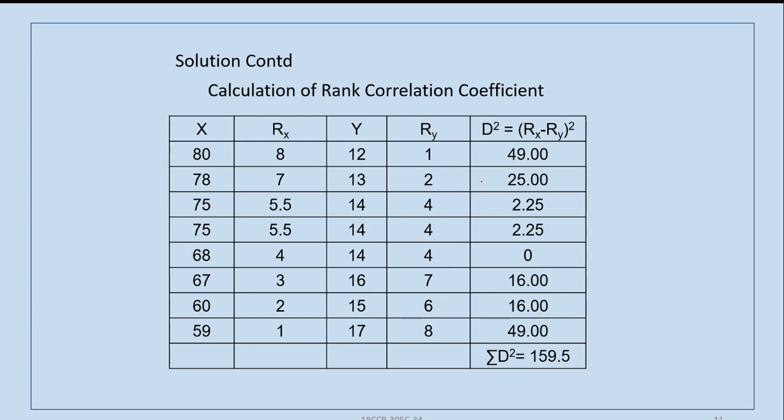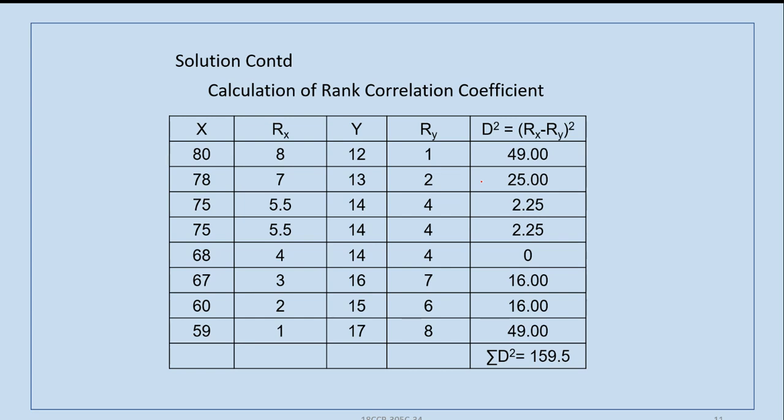Then 2 repeated ranks are there for 75, that is 5 plus 6 by 2, which is 5.5. 5.5 is given to 75 in both cases. So the 5th and 6th places are over. The 7th place is given 7, so 78 is given 7, and the 8th place is given 8.